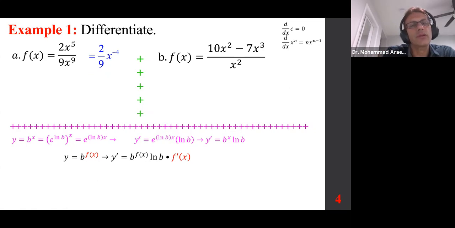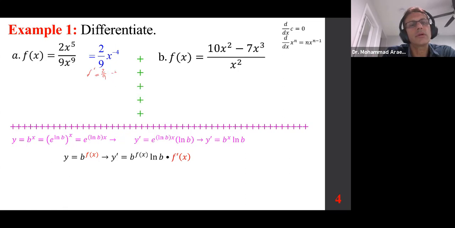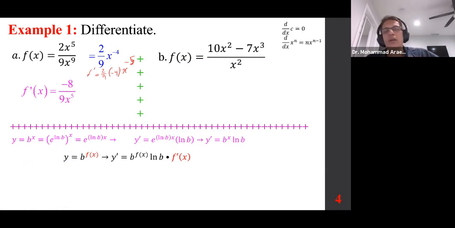If you want to differentiate this, f prime is 2 over 9 times negative 4 x to the power of negative 4 minus 1, which is minus 5. And you rewrite it as such. This is your final answer.